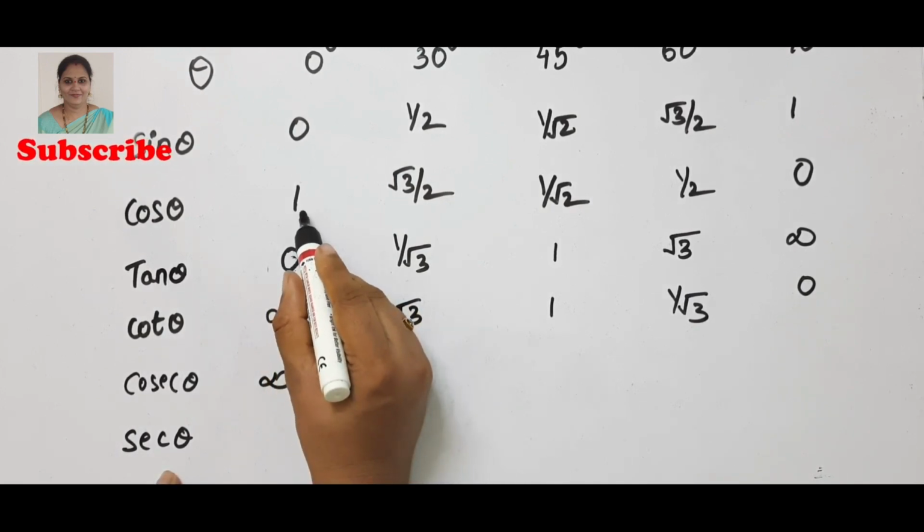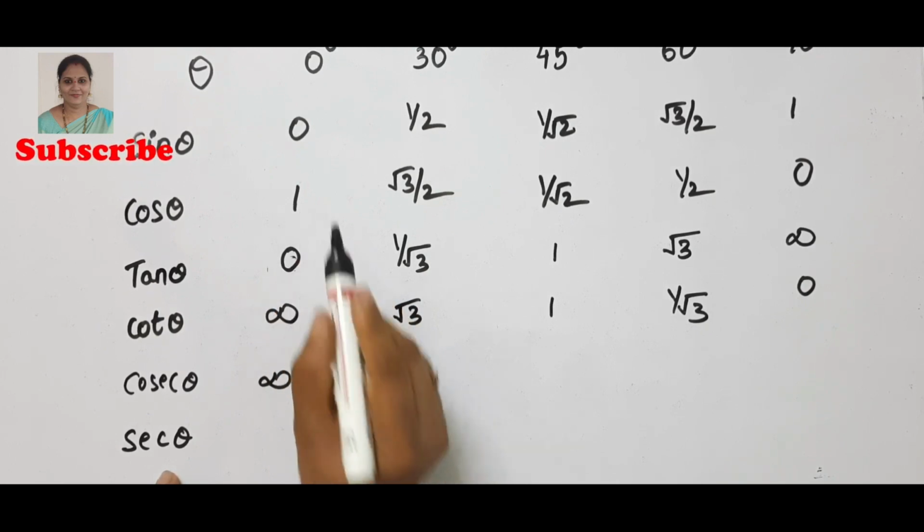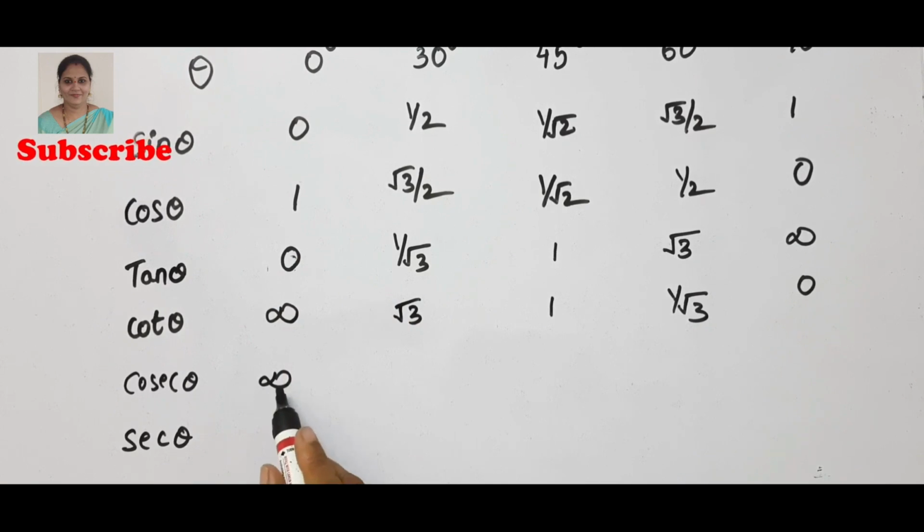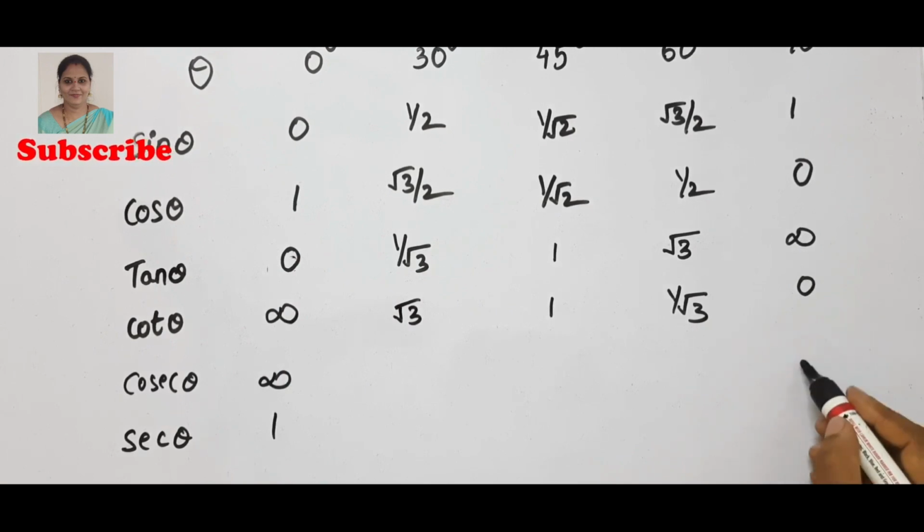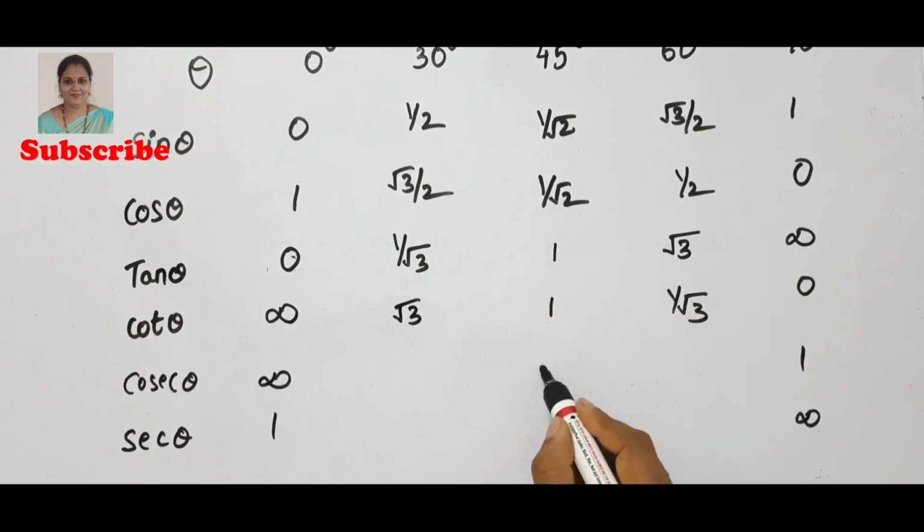So 1 by cos 0 is 1 by 1, which is nothing but 1. So at 0 degrees cosecant theta is infinity and secant theta is 1. At 90 degrees cosecant 90 will be 1 and secant 90 will be infinity. At 45 degrees both the values will be the same, that is root 2, root 2.